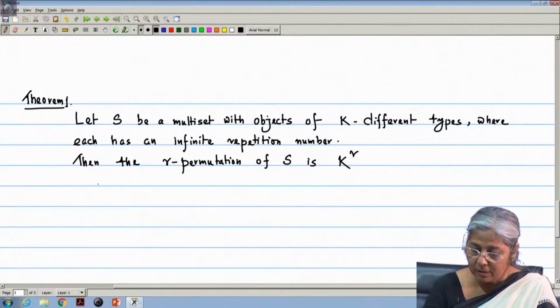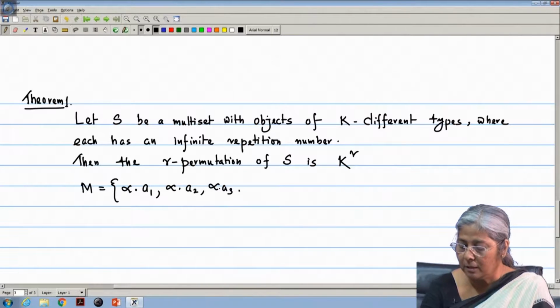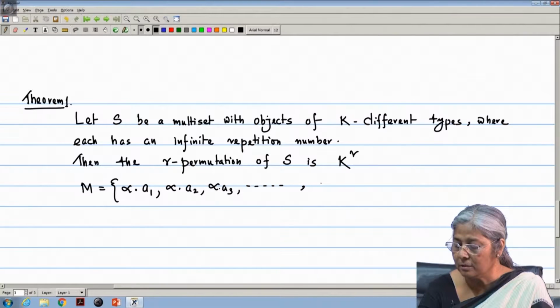That means I can write M is a multiset, infinite of A1, infinite number of A2, infinite number of A3, and in this way infinite number of Ak.